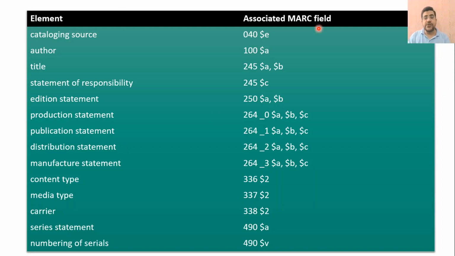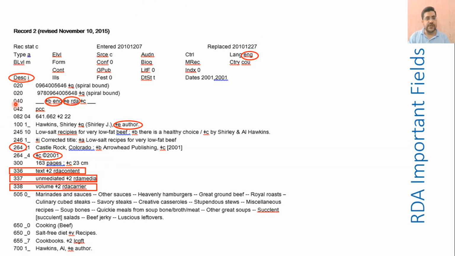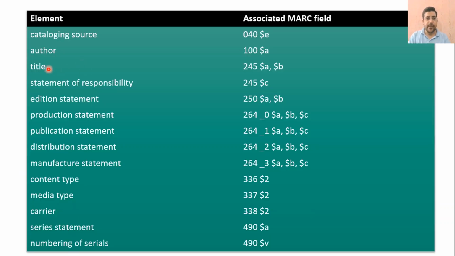Here we have some associated MARC fields, I mean the MARC tags with the AACR2 catalog. The cataloging source would be 040. For example, this is 040 as a cataloging source. For author, we use the 100 tag.